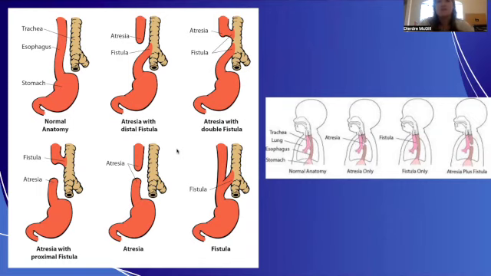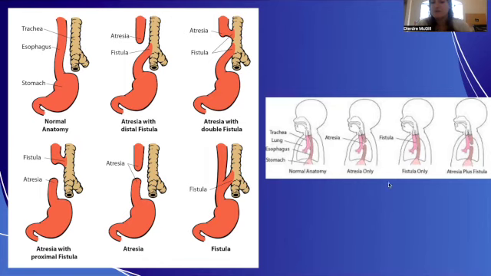If you see the atresia with the distal fistula in the middle there, the fistula causes the esophagus to connect with the trachea, which, as we all know, is not good at all, because your trachea is what helps you breathe. And if you look up to the top right, the atresia with the fistula, that means the esophagus on both the top and the bottom is connecting to the trachea.